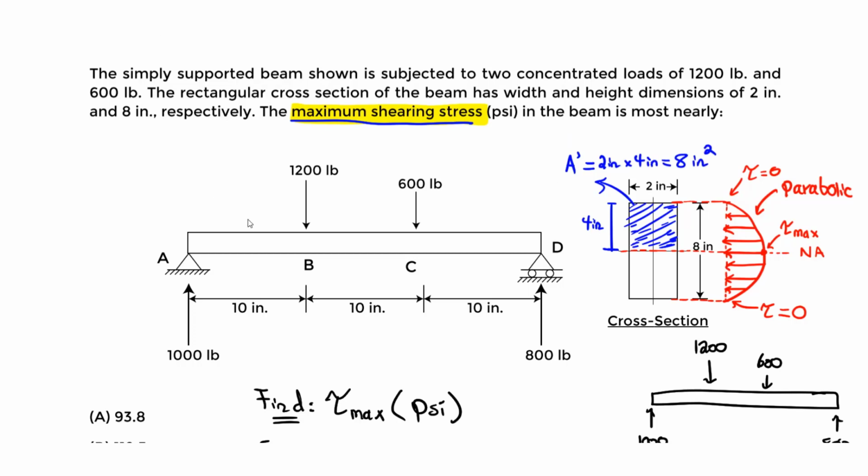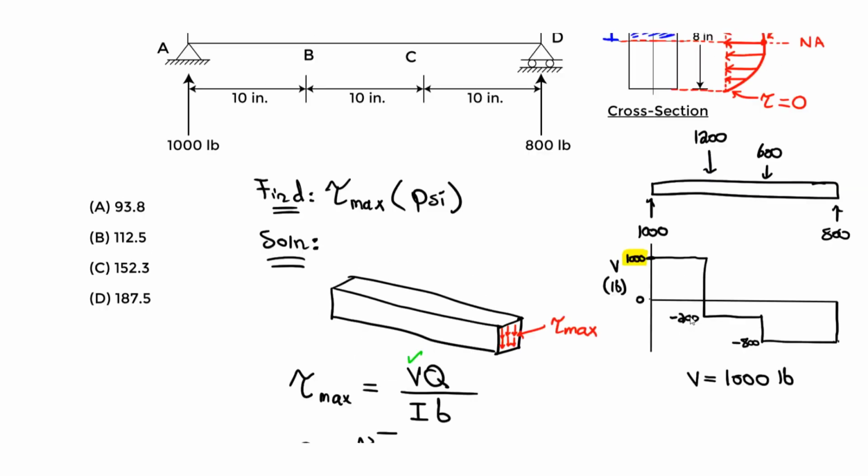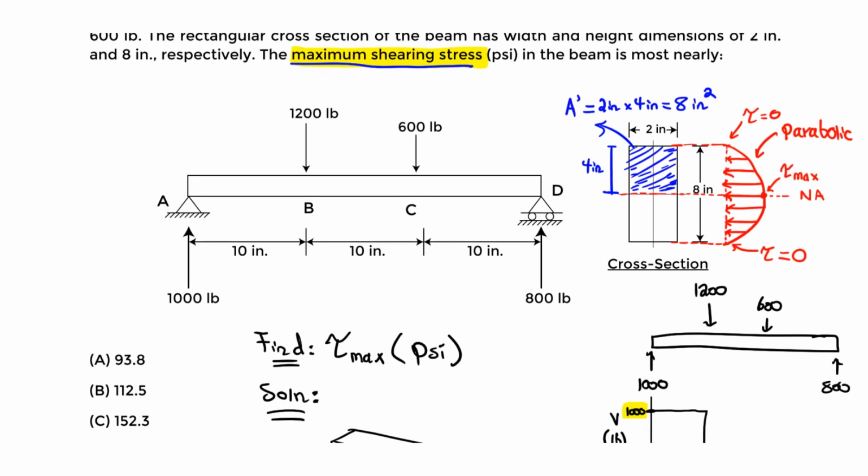We just found A prime. Now Y bar prime is defined as the distance from the neutral axis to the centroid of the area we denoted in blue here. Let's denote the centroid of the area, which is like that center.